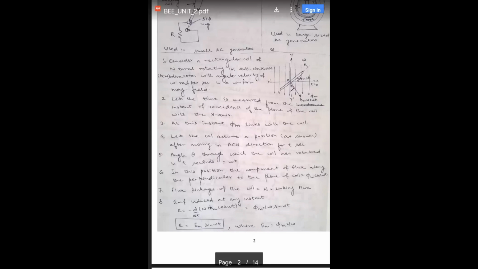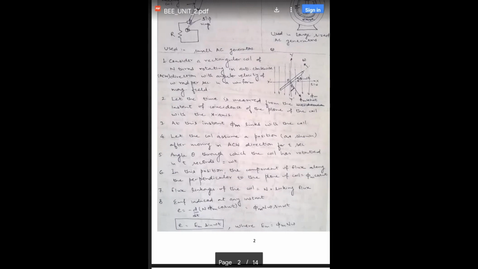Now we have to focus on this EMF generation or voltage generation in the sinusoidal case. Let us consider a rectangular coil of n turns rotating in anti-clockwise direction with the angular velocity of omega radians per second in the uniform magnetic field.